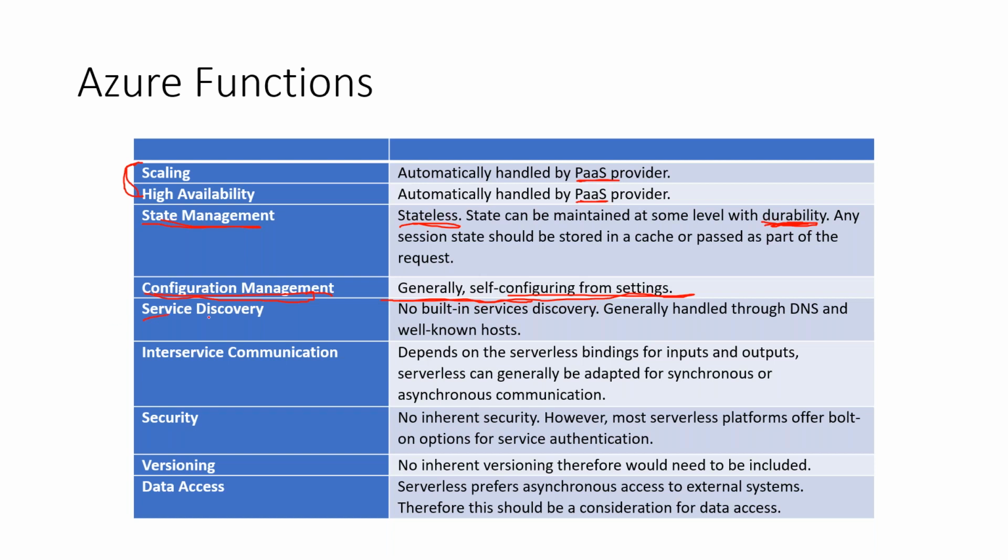Service discovery is not built into functions either. Generally, service discovery is handled through DNS and well-known hosts. That's the thing about Azure Functions: because these scale well, built into the platform, you don't really have to think about implementing that manually.